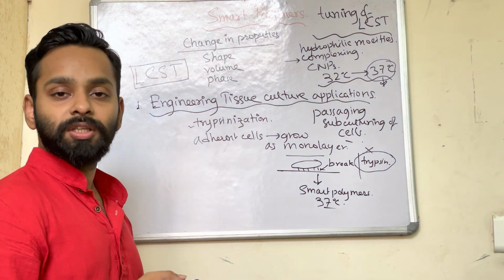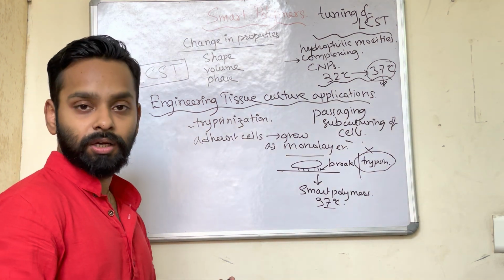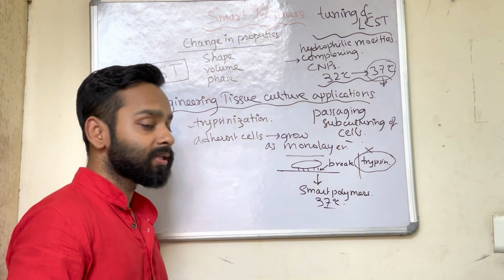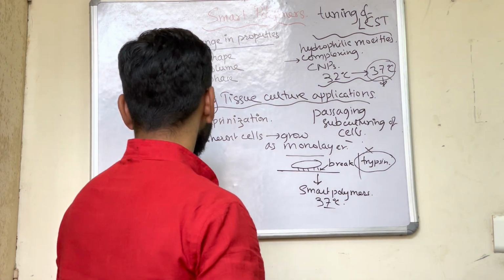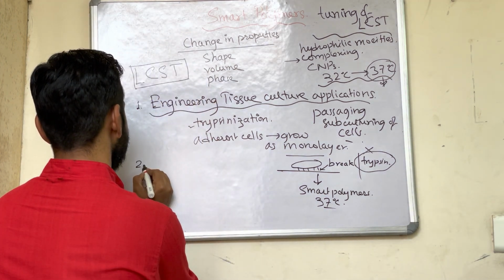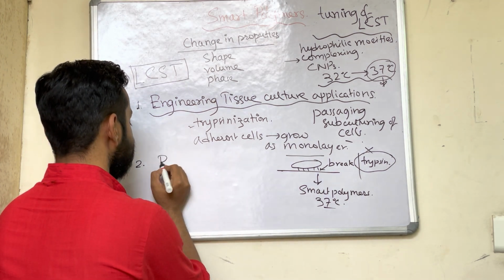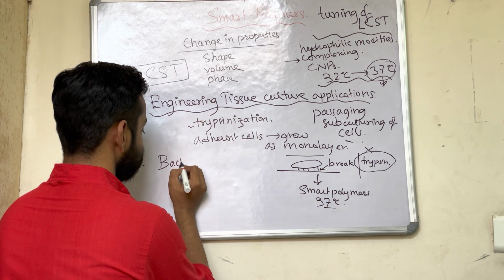So this might be a possible application in cell culture where smart polymers may be used to eliminate certain steps. Now, there can be another interesting application of smart polymers, which is bacterial biosensors.